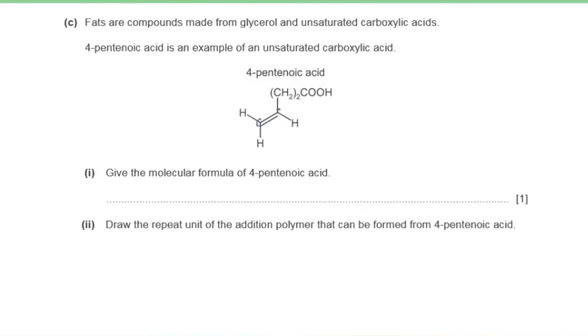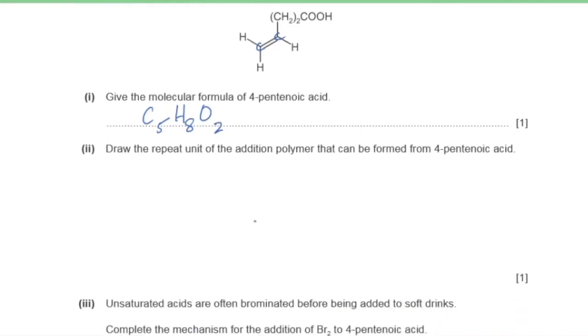So there are 1, 2, 3, 4, 5 carbon atoms, 1, 2, 3, 4, 5, 6, 7, and 8 hydrogen atoms, while 2 oxygen atoms. Part 2, draw the repeat unit of the addition polymer that can be formed from 4-pentenoic acid. So an addition polymer forms when this carbon-to-carbon double bond breaks and forms 2 new sigma bonds on these 2 sides.